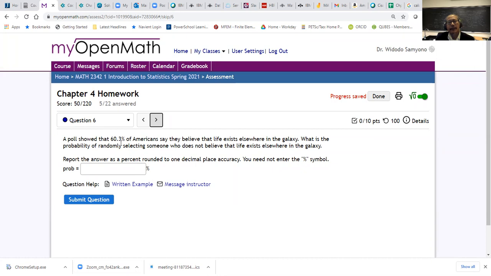In this case, you subtract to find the probability of someone who does not believe that life exists elsewhere in the galaxy. It will be 100 subtract this, so you've got 39.7, because if you subtract this from 100, you get this one.